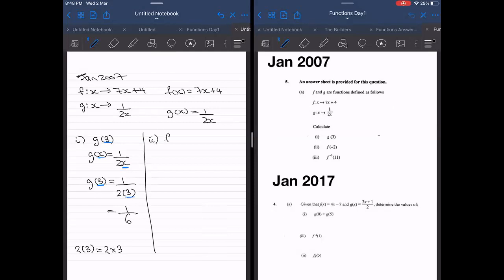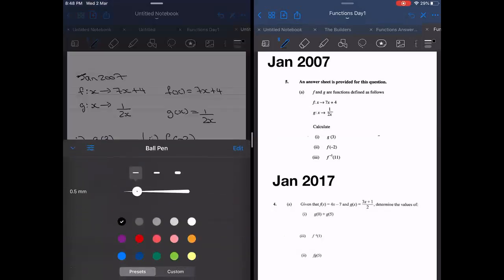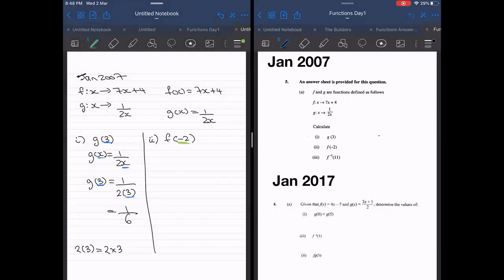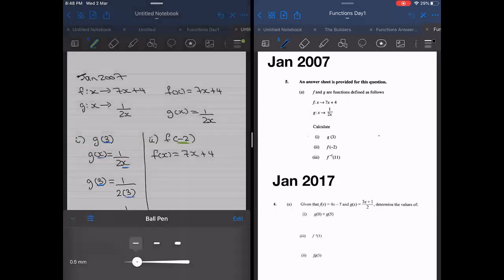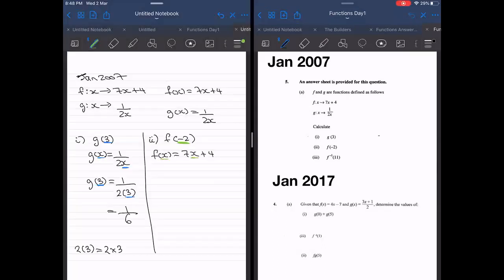So those persons who are finished, go ahead and try f of minus 2. So that simply means wherever you see x, you're going to put minus 2. All right, so wherever you see x, you're going to put minus 2.